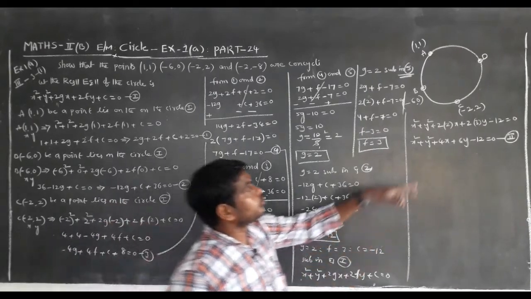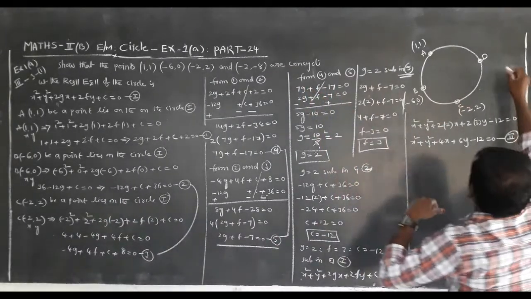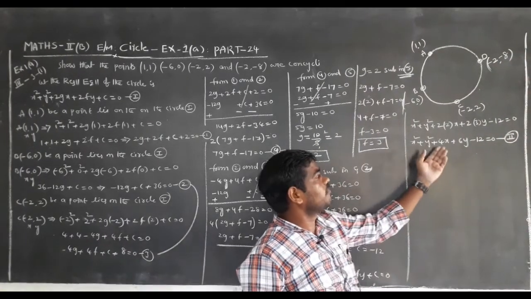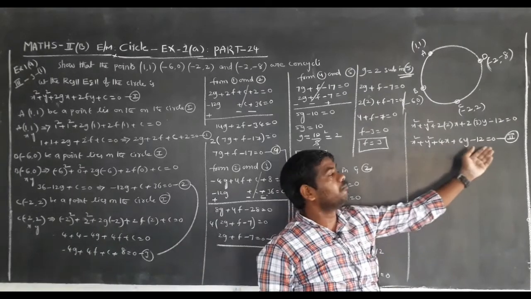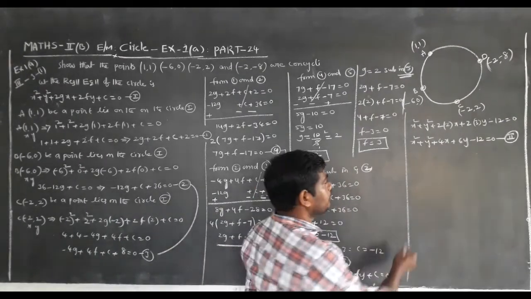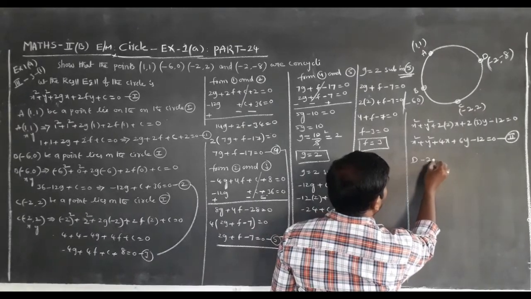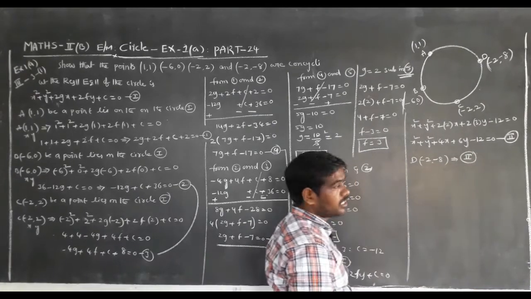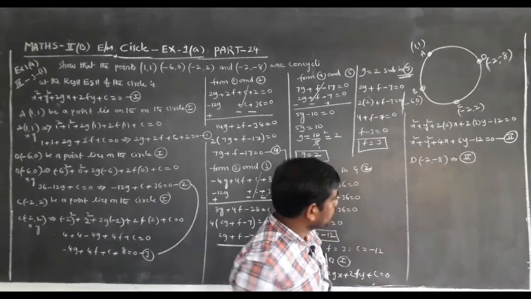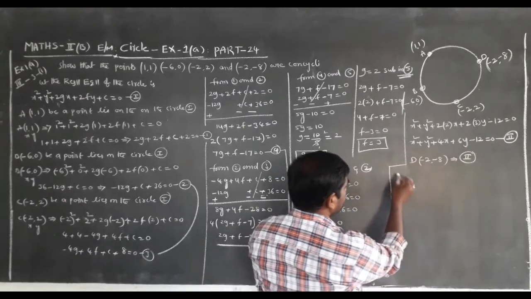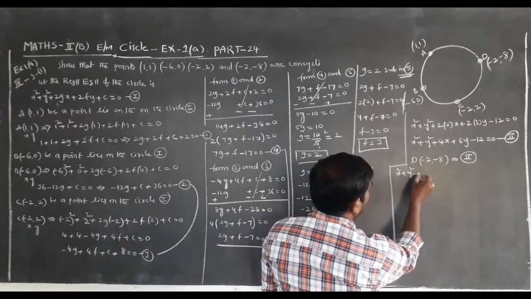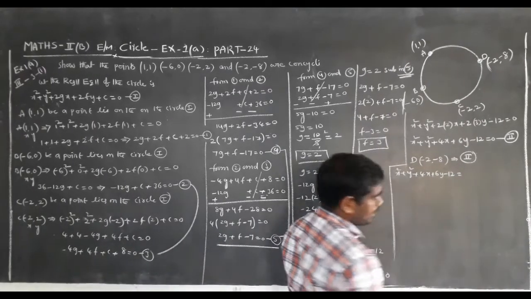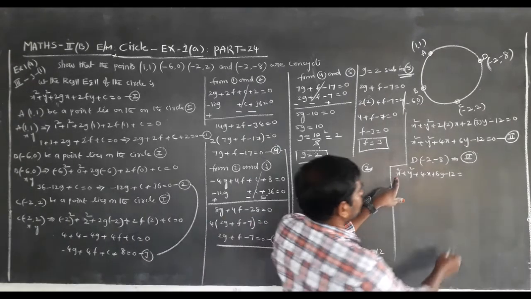Again, here fourth point D, minus 2 comma minus 8, satisfy the equation Roman number 2. Roman number 2: x square plus y square plus 4x plus 6y minus 12. x equal to minus 2, y equal to minus 8.